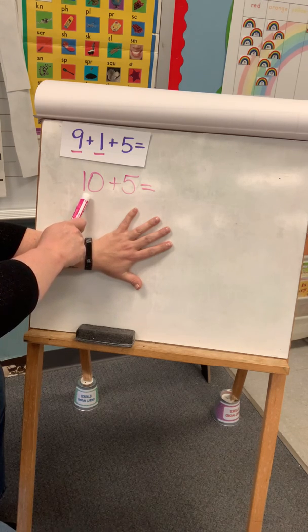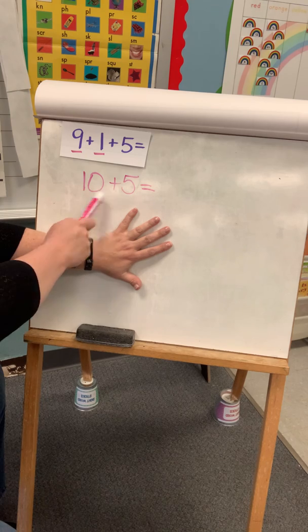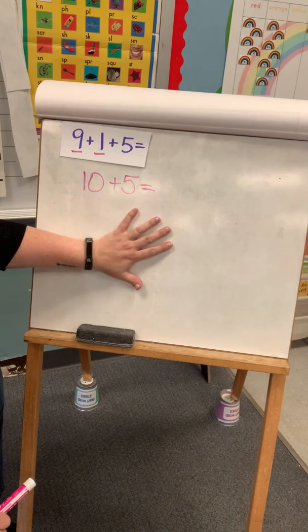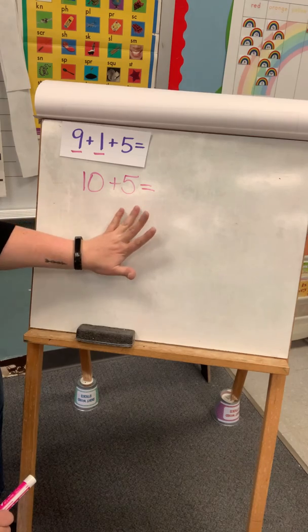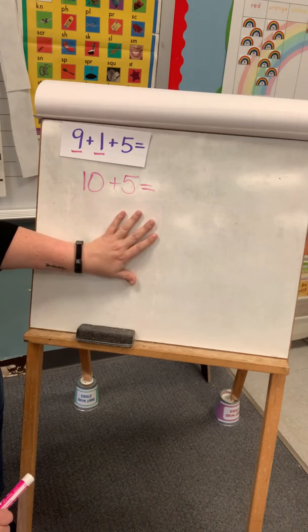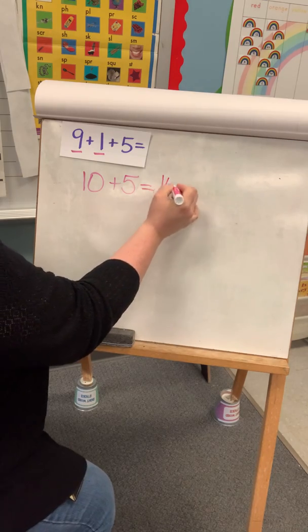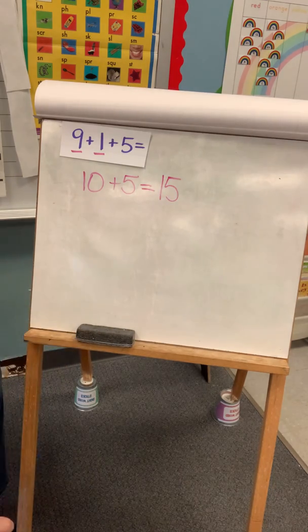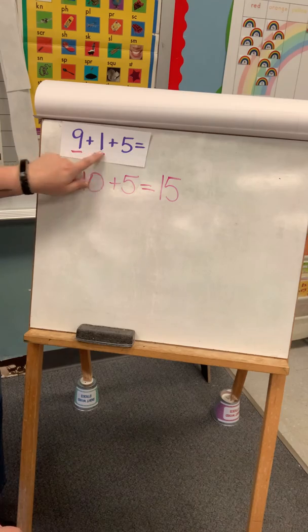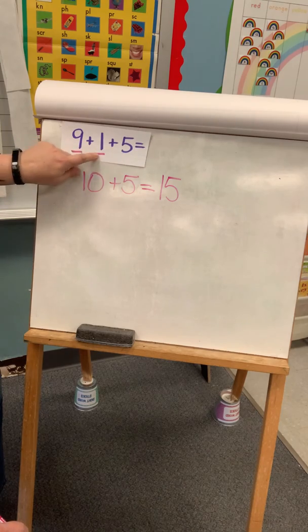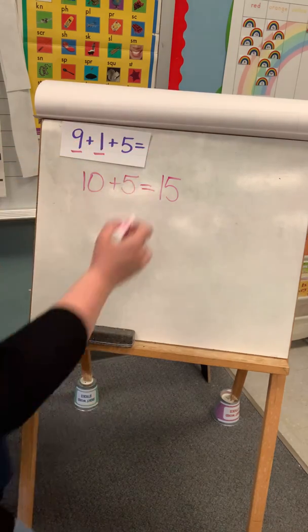And I'm going to count on 5 more. So 10, 11, 12, 13, 14, 15. That means that 10 plus 5 equals 15. And that is the same as saying 9 plus 1 plus 5 equals 15.